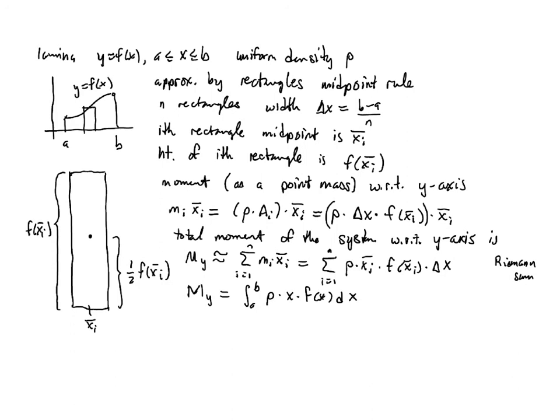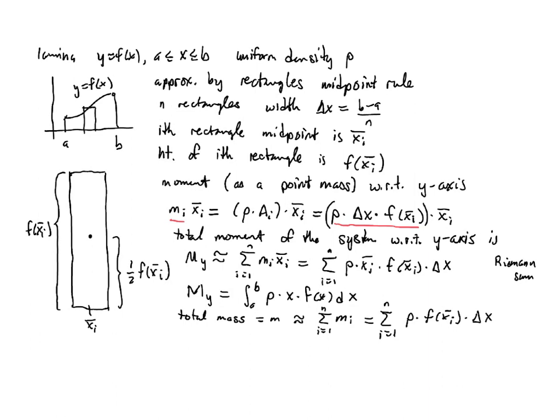Now, similarly, the total mass, which is m, can be gotten approximately as the sum of the individual point masses, and using the formula that we had up above there for that's the mass of the ith rectangle, we get that this is the summation i equals 1 to n of rho times f of xi bar times delta x.